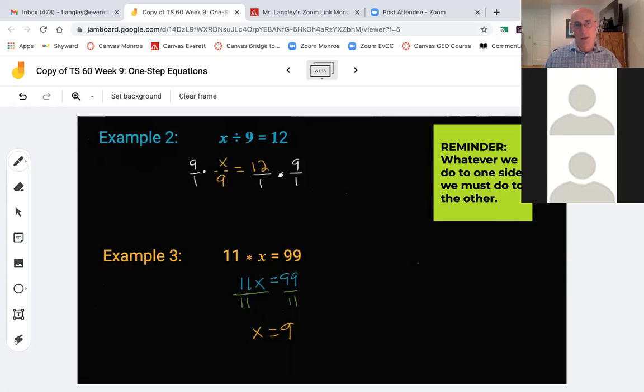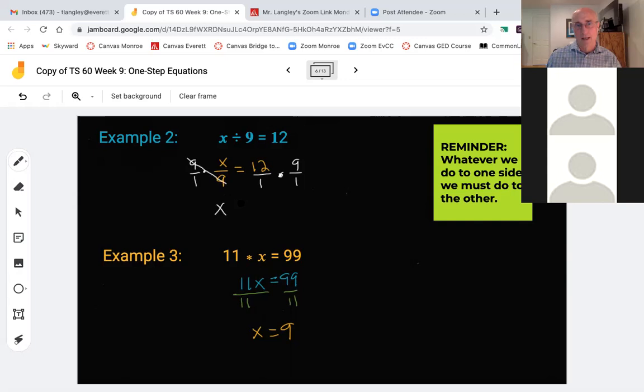So I had x over 9 here, and I multiplied by 9 over 1, because if I was cross canceling, this would be a 1 and a 1. So I'd have x over 1, which is just x. That cancels out these 9s here. I'll even visually draw this through.